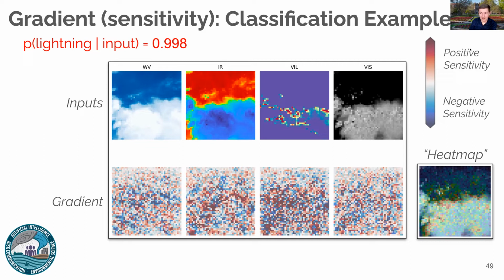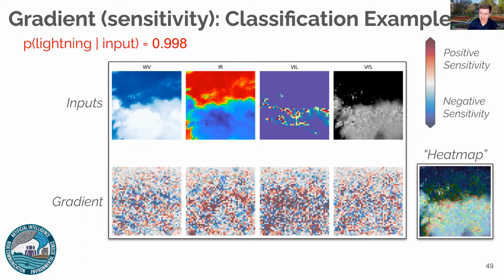But you can see that this gradient image is quite noisy, and you have to almost take a step back and look at it for a little bit. This was one of the key takeaways that Emma was noting earlier: these are often not straightforward and take a bit of time to interpret. So you'll see that there's lots of noise. One thing you might not notice immediately is that the VIL channel looks a little bit more intense.